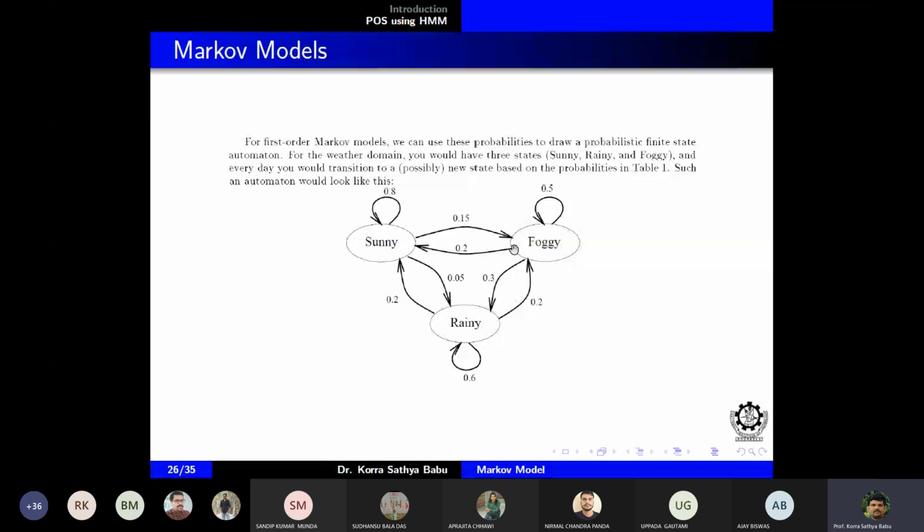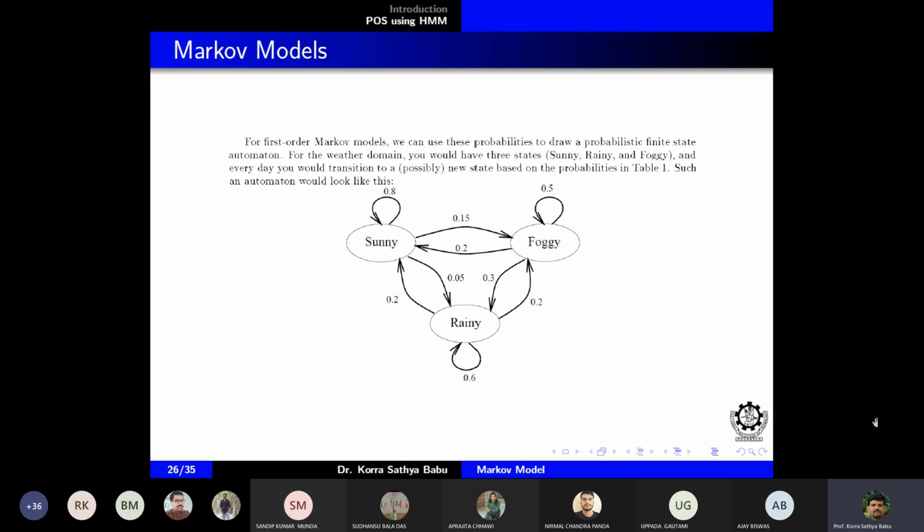Now this can be modeled using a finite state automaton. For first order Markov models, we can use these probabilities to draw a probabilistic finite state automaton. For the weather domain, you would have 3 states: sunny, rainy and foggy.